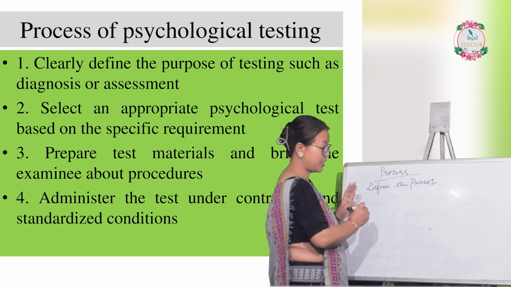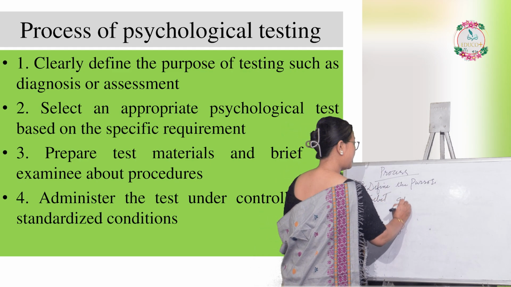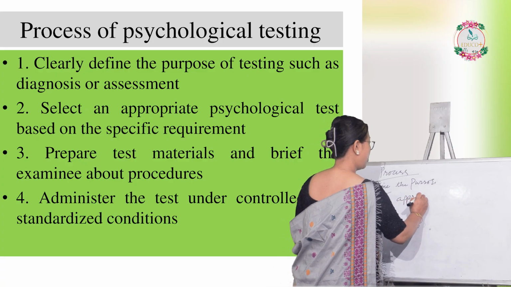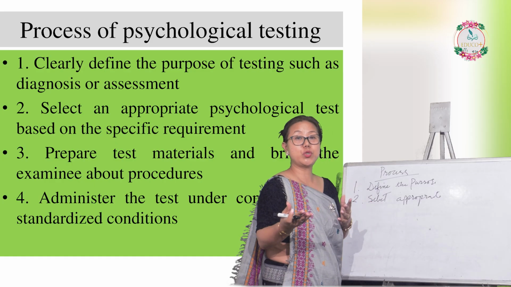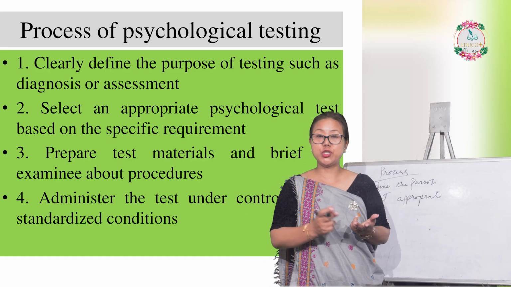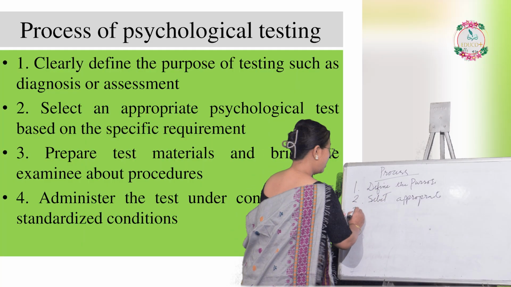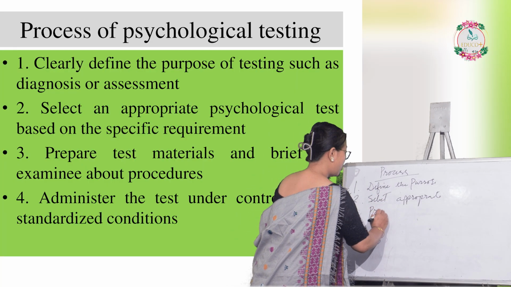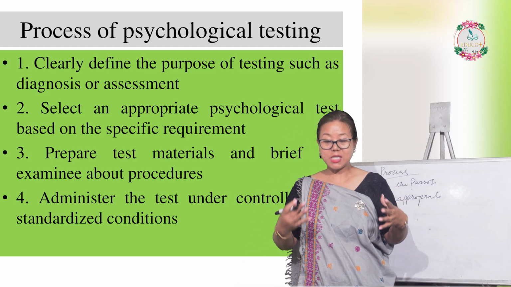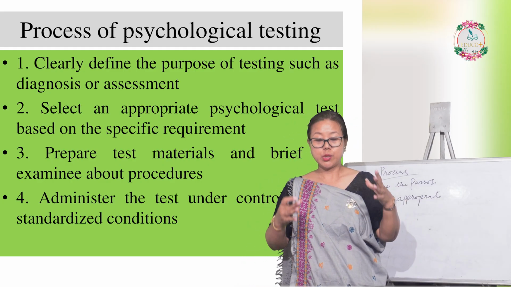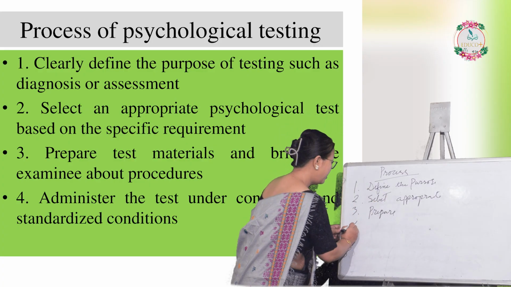Second one is select an appropriate test, like what do you want to test? Is it aptitude? Is it interest? Is it personality? Then you have to prepare accordingly. Prepare after you identify what type of test you're going to do. So you have to prepare the test materials, and then only you can administer.